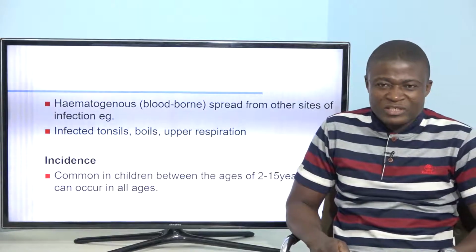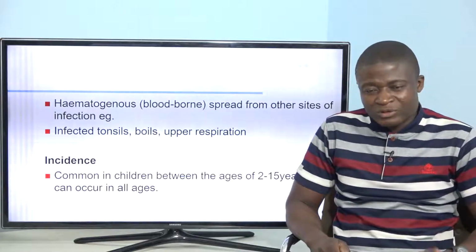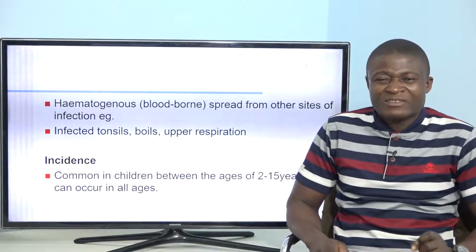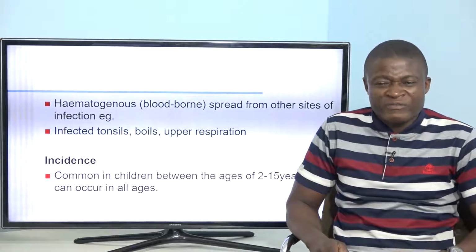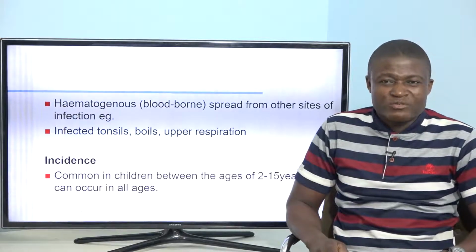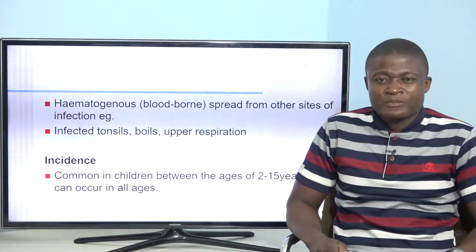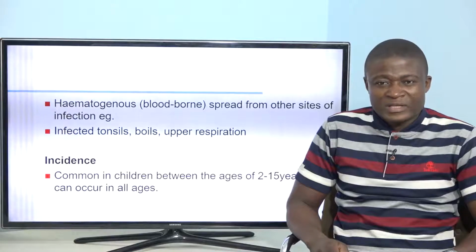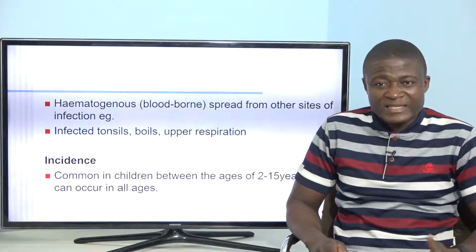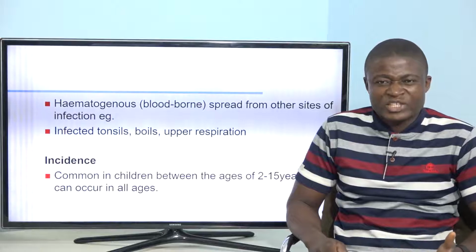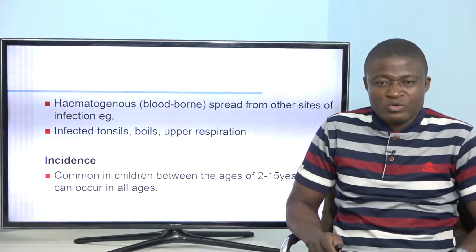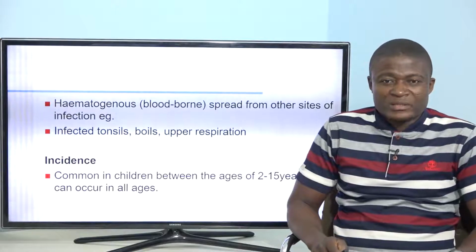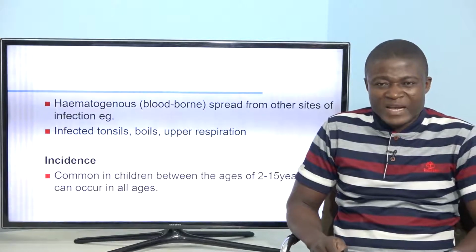As they are circulating through the blood, they eventually land on a bone in any part of the body, and then they start to get the bone infected. So this is spread by hematogenous means. Then we also have infections like tonsillitis or boils or upper respiratory tract infections, which may also get organisms transmitted to your bones. All right, let's look at incidence of osteomyelitis.